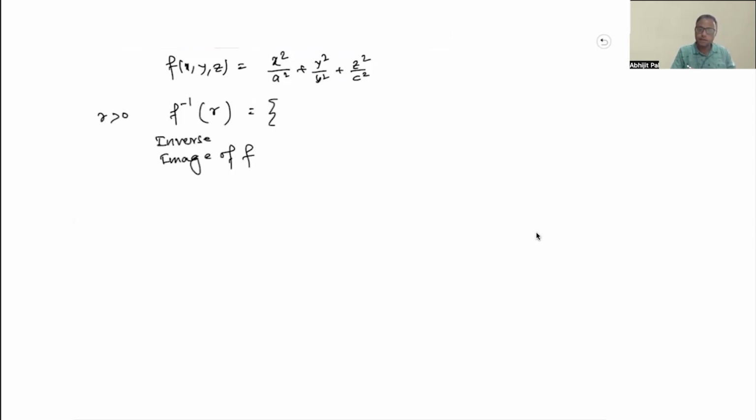It doesn't mean that f is bijective. So f inverse of r is the set of all (x, y, z) belonging to R3 such that f(x, y, z) equals r.